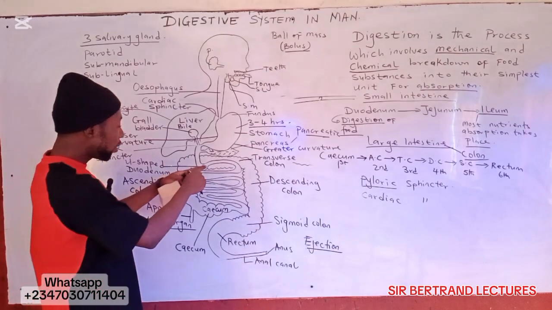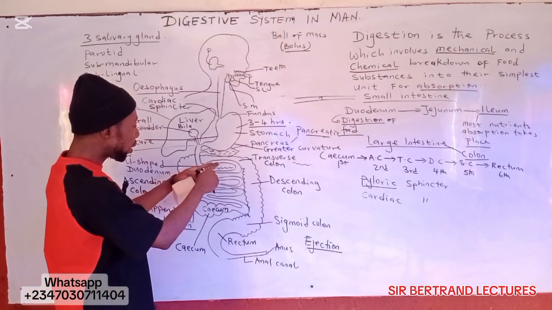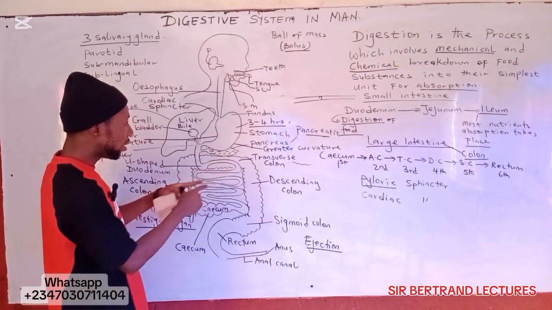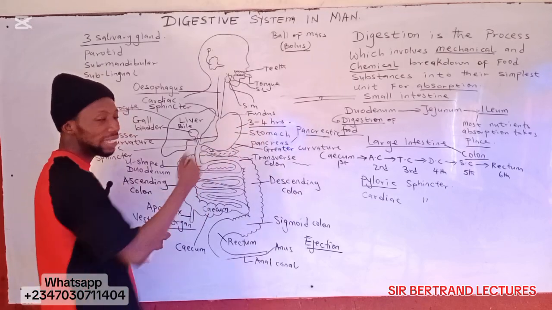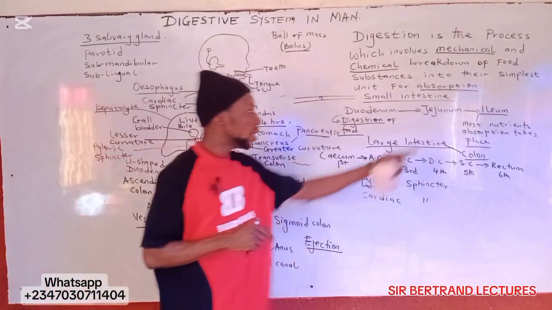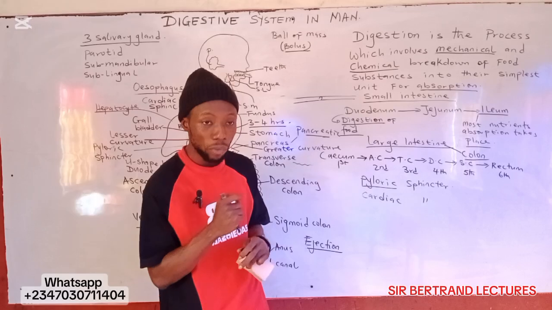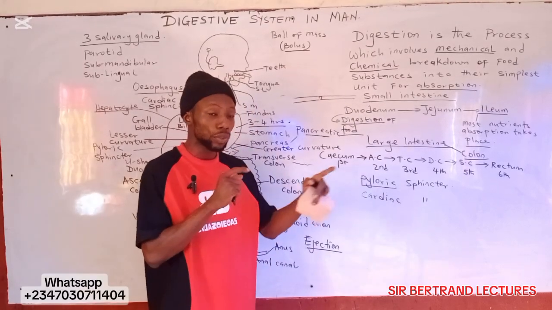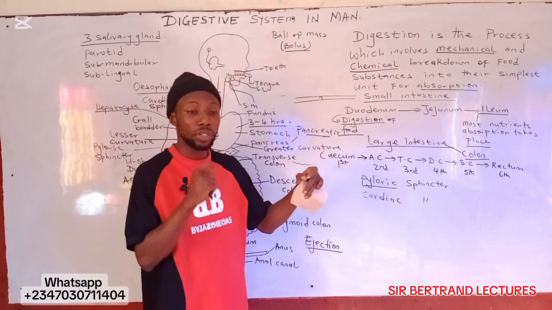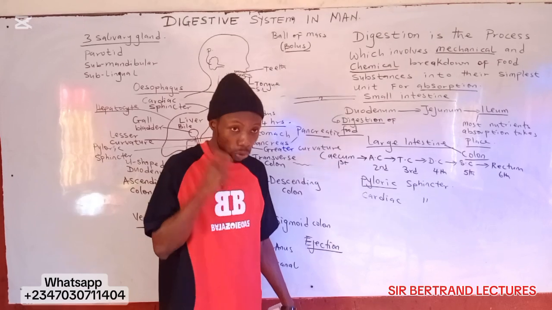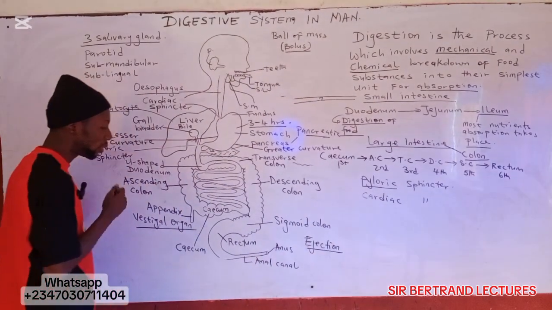Then the food nutrients will start to be absorbed in the jejunum and in the ileum. I told you before, the ileum here is the largest part of the small intestine, and because of that, it is the site for effective absorption of sufficient nutrients in the body.